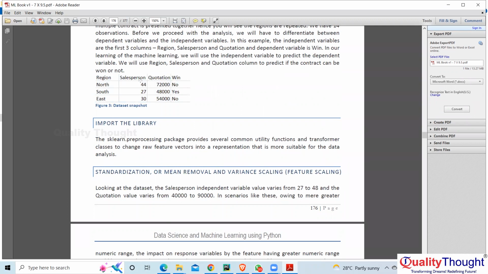What is the maximum value? 44. So 44 will become 1. And 30, based on the ratio, will be something between 0 and 1. Here in quotation, 48 is lowest, so 48 will become 0, 72 will become 1, and the rest will be somewhere between based on the ratio.